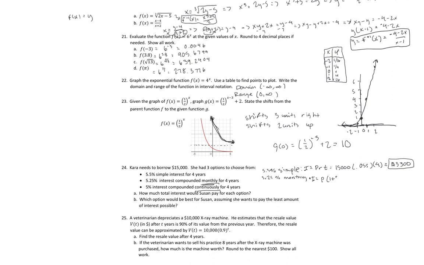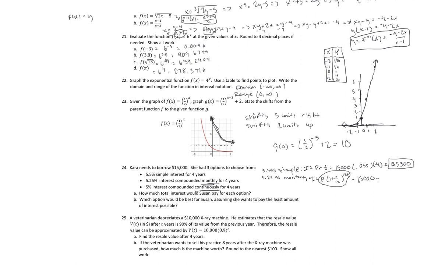Monthly means there are 12 months in a year, so this is going to be r over 12, to the number of times it's compounded in a year, so this is going to be 12t. Then minus our principal amount, because this gives us our total amount at the end, so we need to subtract that 15,000 off to see how much interest we made.